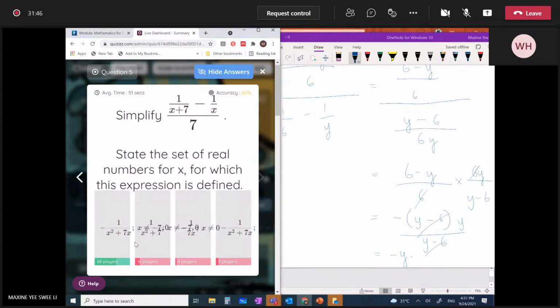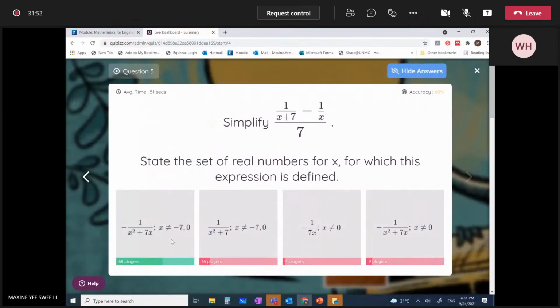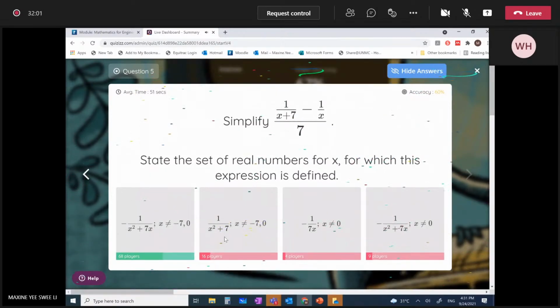Sorry, the answer doesn't show up properly if I reduce the window. So here is the correct answer. I think some of you were missing the negative sign at the front. I think that is the main issue.